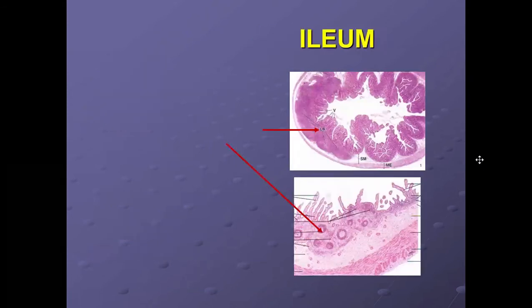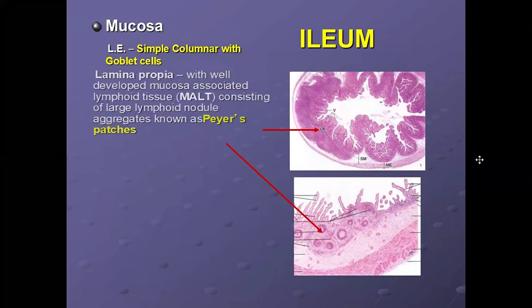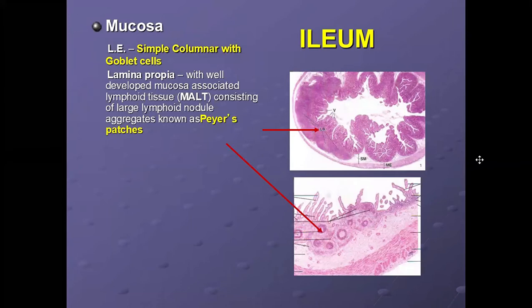Ileum, very important. Mucosa, simple columnar again with goblet cells. Lamina propria, here you will find well-developed mucosa associated lymphoid tissue or MALT, consisting of large lymphoid nodule aggregates known as Peyer's patches. So when we point this out to you, you do not call it only MALT, but you say Peyer's patches.